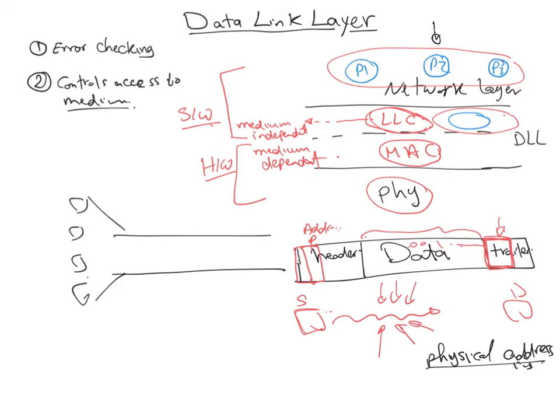So in the logical link control, I have to send the data structure into one of these processes, because in the network layer there are multiple processes. One process represents IPv4.